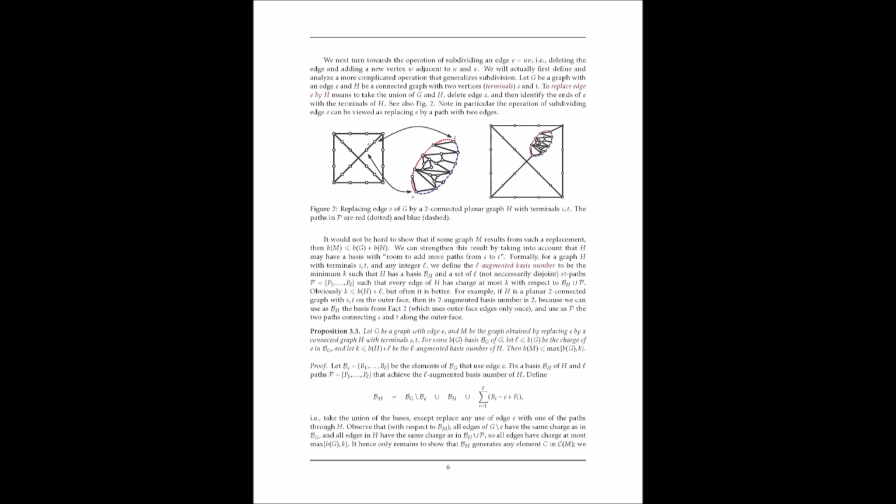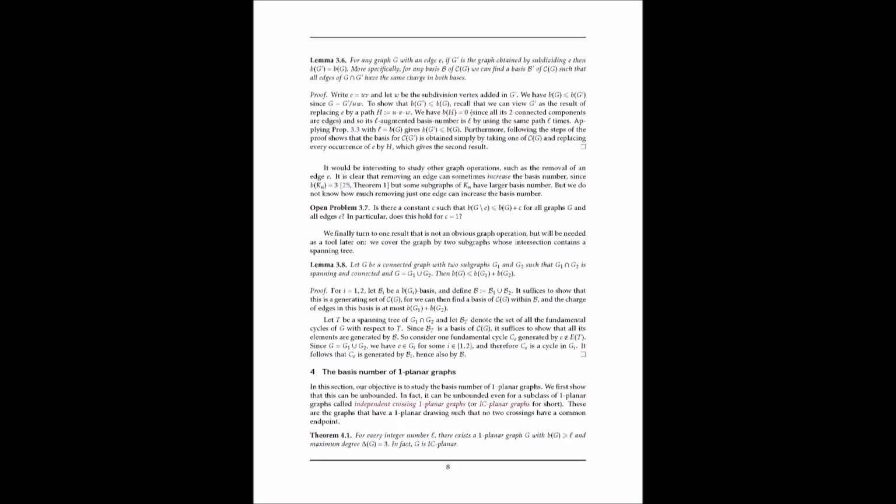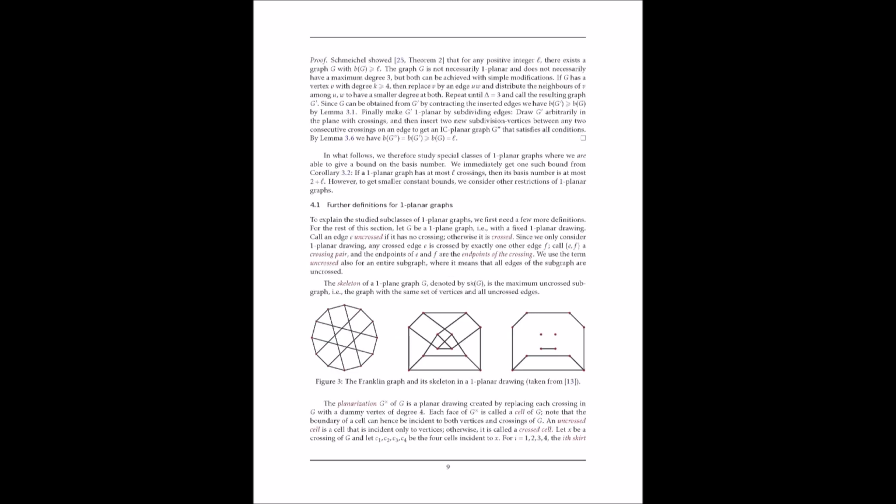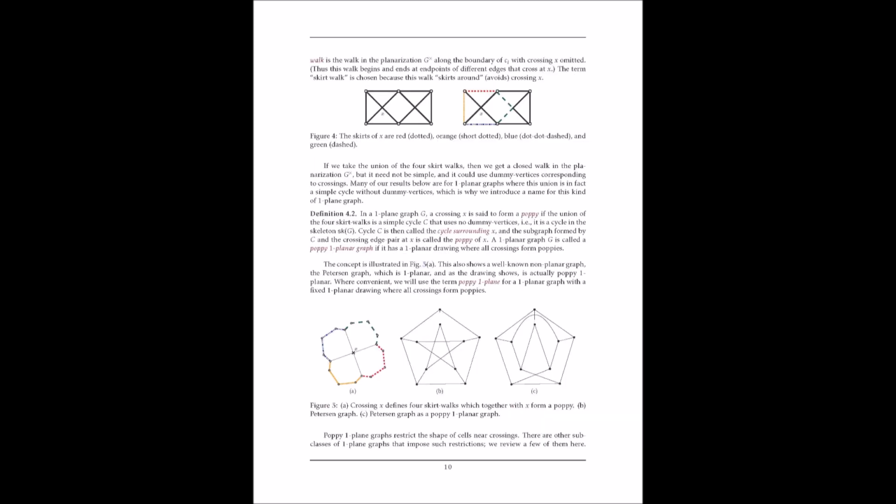Right. Now remember, Lemma 3.8 from the paper. Refresh my memory. Lemma 3.8 states that if we can cover a graph with two subgraphs whose intersection contains a spanning tree and is connected, then the basis number of the original graph is at most the sum of the basis numbers of those two subgraphs. Okay, I see where this is going. Our two planar subgraphs cover all the edges of the original one-planar graph. And their intersection is precisely the connected skeleton.